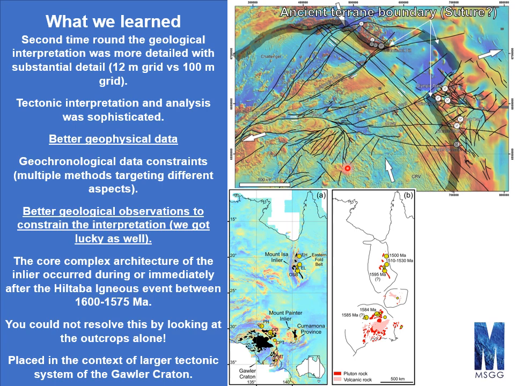It's interesting that the IOCGs at this scale appear to be isolated and controlled by the intersection of these late, post-Hilterberg granite shear zones and where they intersect this ancient suture zone around the edges of the Gawler Craton.